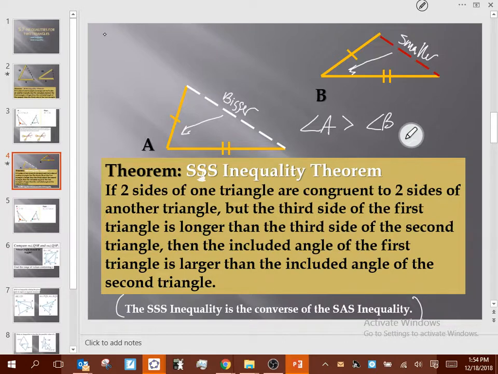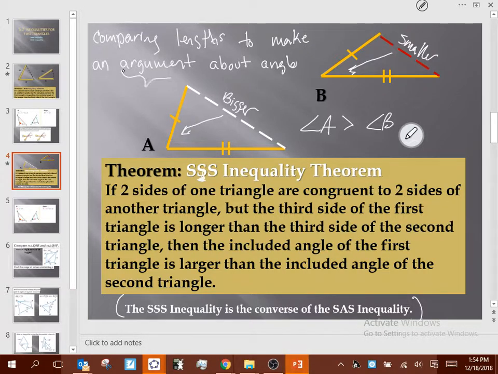So when we do this one, the SSS inequality theorem is comparing lengths to make an argument about angles.